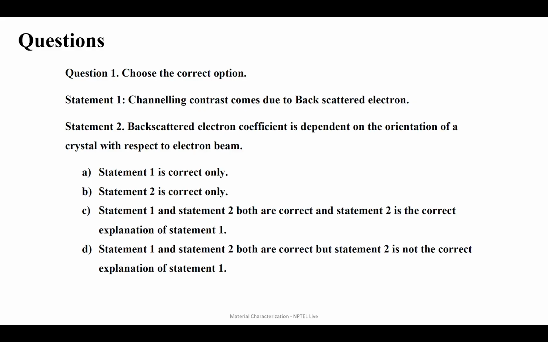Statement 1 is correct only, statement 2 is correct only, statement 1 and statement 2 both are correct and statement 2 is a correct explanation of statement 1. Statement 1 and statement 2 both are correct, but statement 2 is not the correct explanation of statement 1. You can write your answer in the chat or speak your answer.